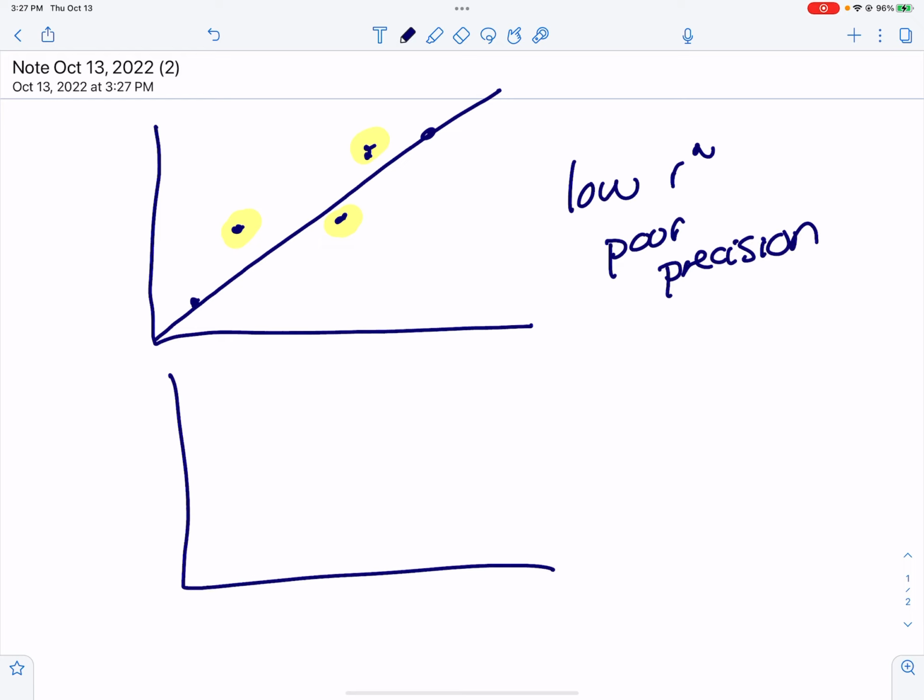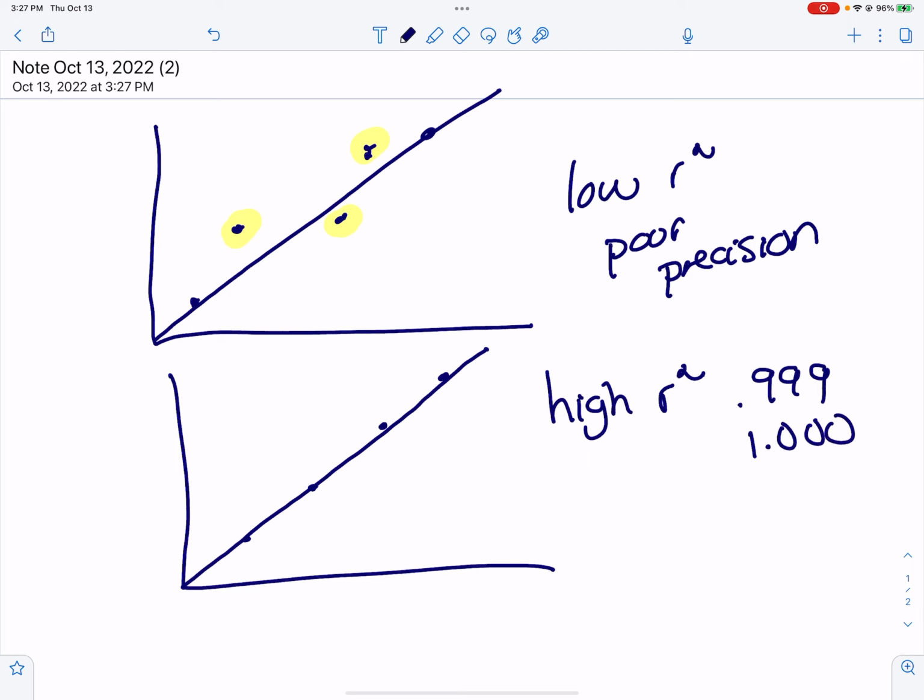But if the data points are all on the line, if I could have drawn that better, this would have a high R squared. So this might be like 0.999 or even 1.00. This might be like 0.95, and that would be high precision.